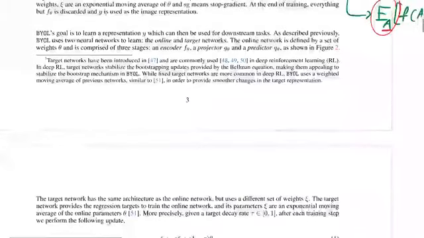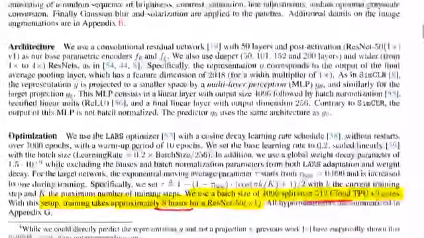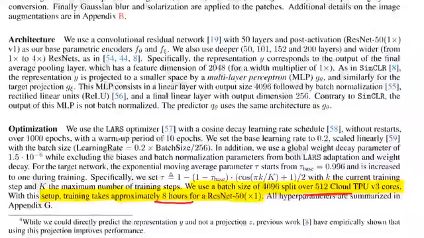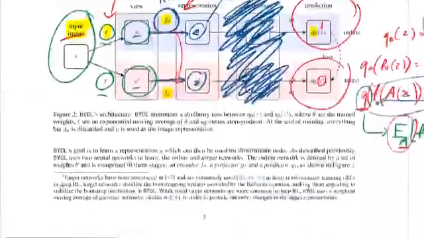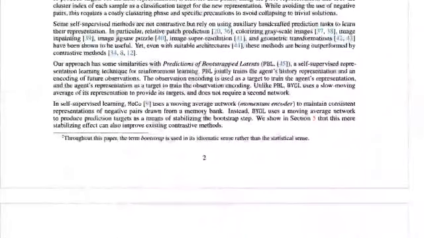Now, the last quarrel I have with the paper, and where is it? Somewhere they say that they release the code, but they release the pseudocode. They don't release the code, they release the pseudocode in the appendix.